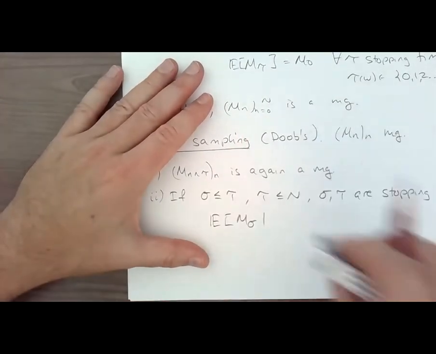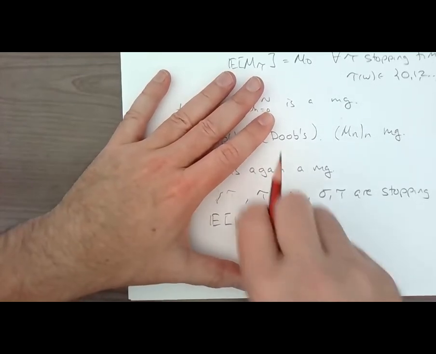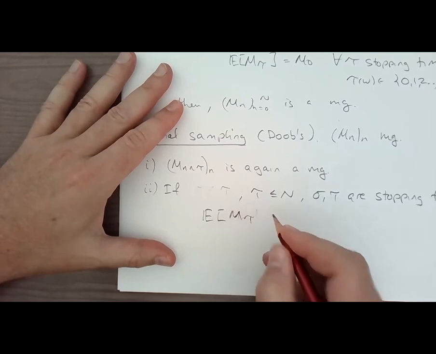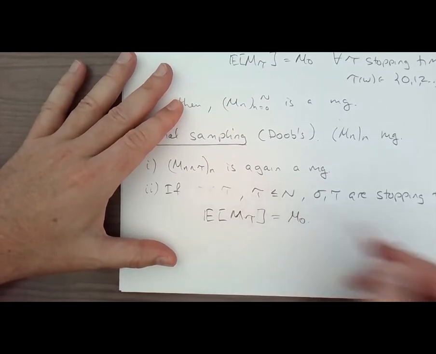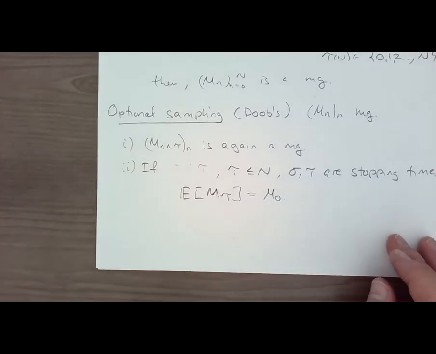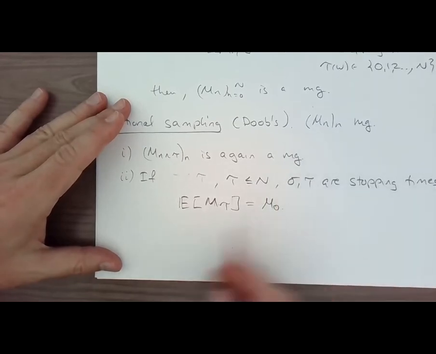Let me just delete the sigma, just stick to tau. So you do m tau. This is the same thing as m0. So that was the one we had up there. If tau is less than n, then for the stopping times, you get that.